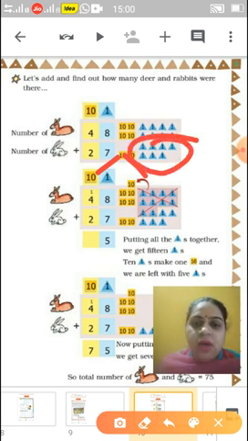Okay children, now they were counting the same way, and putting all together, we get 15. 10 makes 1 ten and we are left with 5.